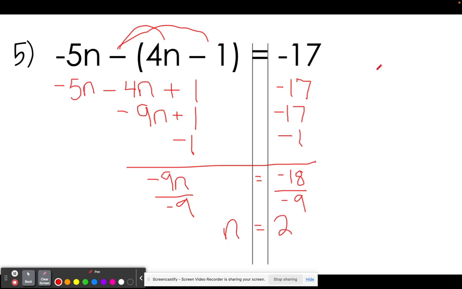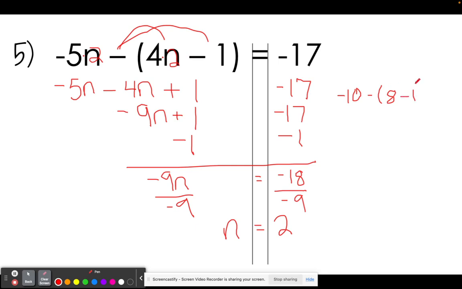Now, I didn't leave myself a lot of room for checking this, so I'm going to do a little of it mentally. N is 2. So each of these is times 2. So negative 5 times 2 is negative 10 minus parentheses. Don't lose your parentheses. Negative 4 times 2 is 8 minus 1.